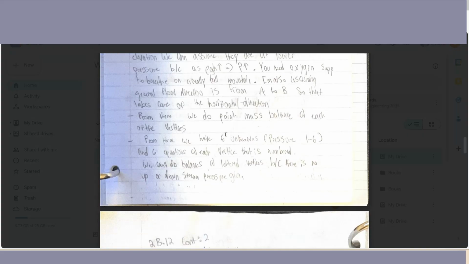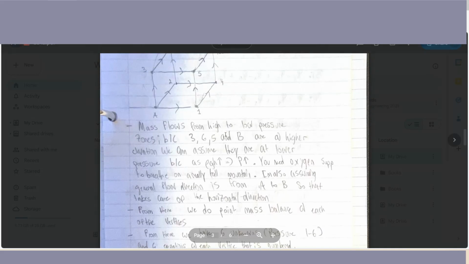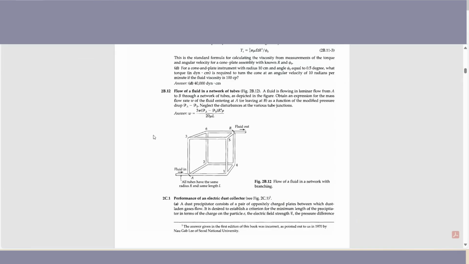From there, we do a point mass balance at each of the vertices. We have 6 unknowns, pressures 1 to 6, which you can see in the diagram: 1, 2, 3, 4, 5, 6.